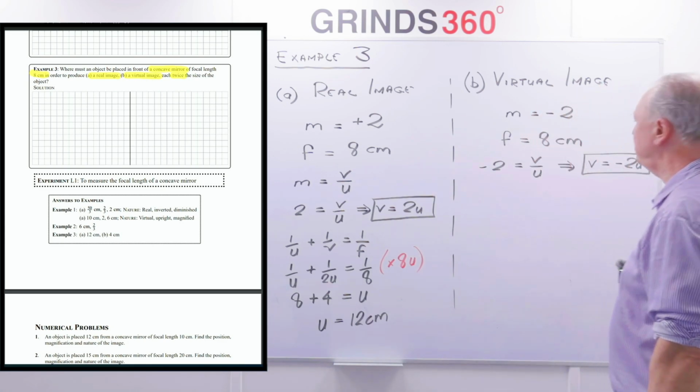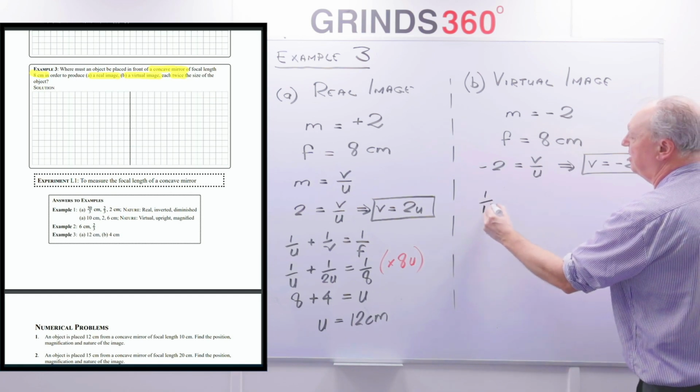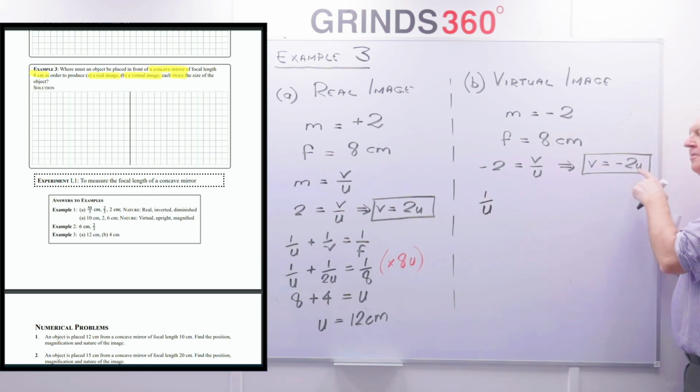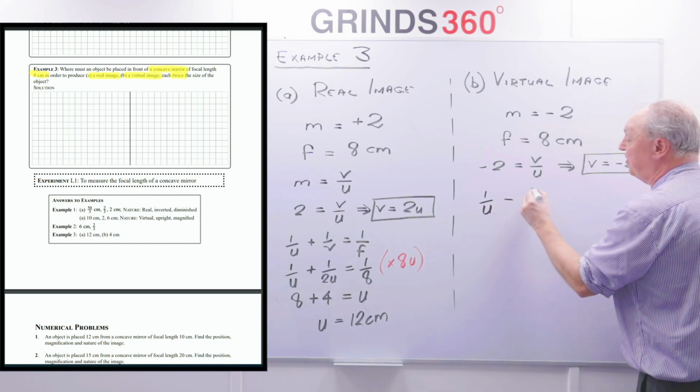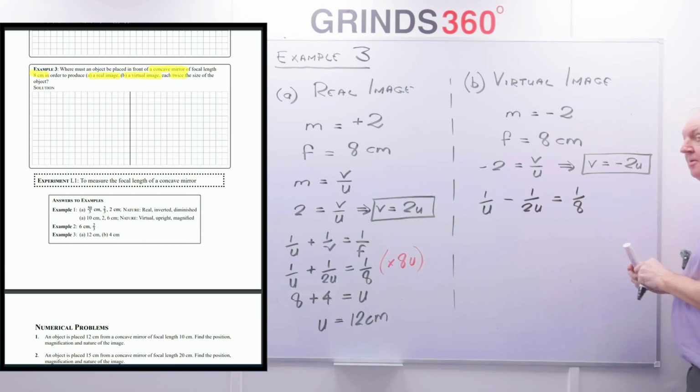Now over to the virtual image, same thing again. So it's 1 over u plus 1 over v. v is minus 2u, throw the minus in front, and that's equal to 1 over 8. Multiply across by 8u.